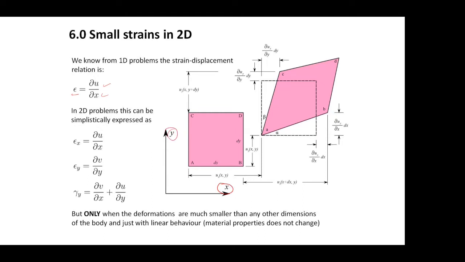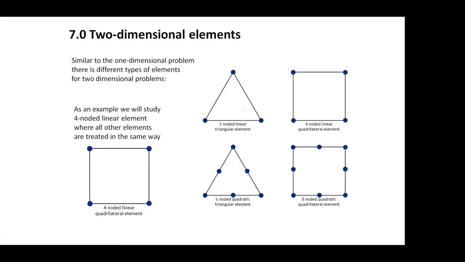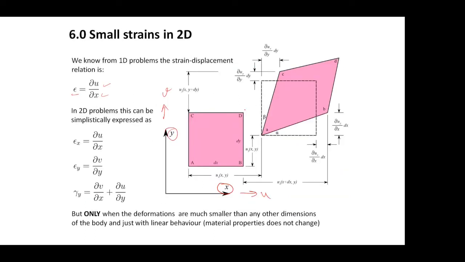Then in this case, you have displacement in the X. I'm going to call this displacement U, and displacement in the Y, I'm going to call it displacement V. So every single point here can move in the X and the Y. So this is displacement in X, and this is displacement in Y.